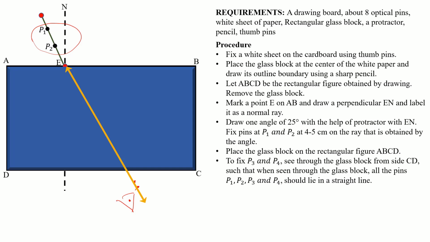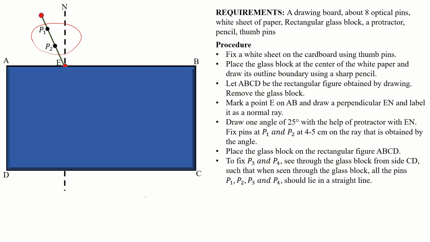It should seem as if all of them were aligned, so it should be on a line like this. You are definitely going to see such a point if you observe very well. So be very attentive when you are doing this, and make sure that you take your time.